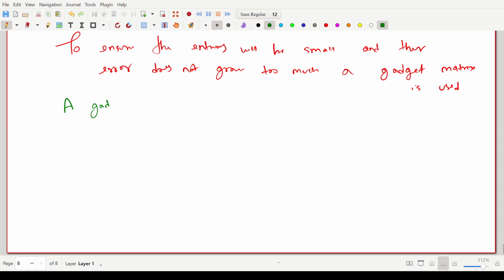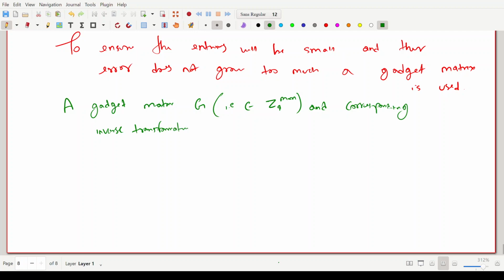Gadget matrix G belongs to Z_q^{m×n}, and the corresponding inverse transformation is G inverse.